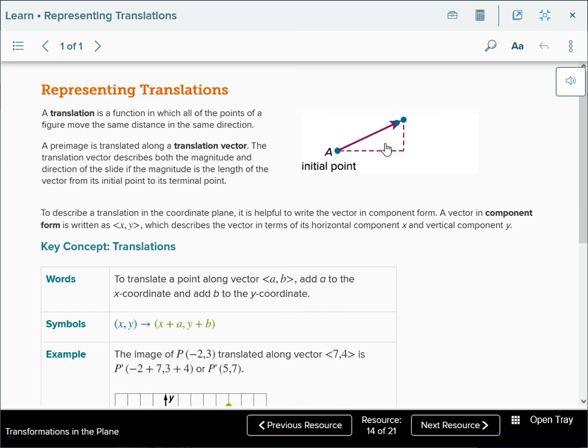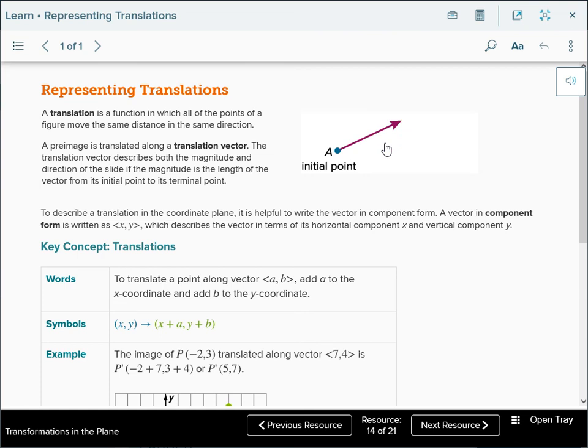The third way is to represent it as a vector. With the vector, it'll just look like this. 5, comma, 3. That tells you to move the x 5, since it's positive, 5 to the right, 3 up. What if I changed this and made that? Now what's the vector telling me to do?